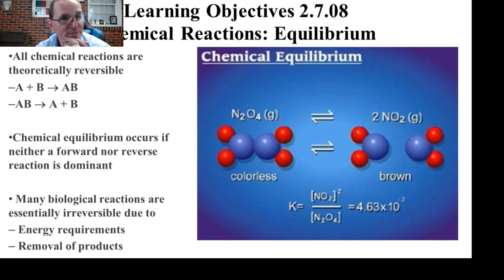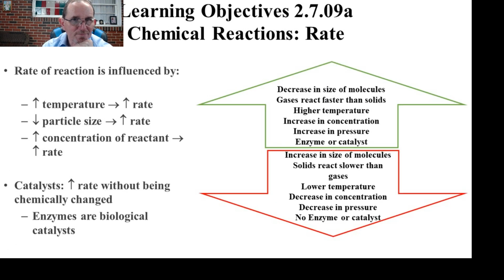But that's all chemical equilibrium is. If you leave the stuff in the same place, a certain number of it is going to go backwards. We do have that inside of us, and we use it for a specific purpose. That's really going to be more of an A&P 2 thing, but I think we touch on it.